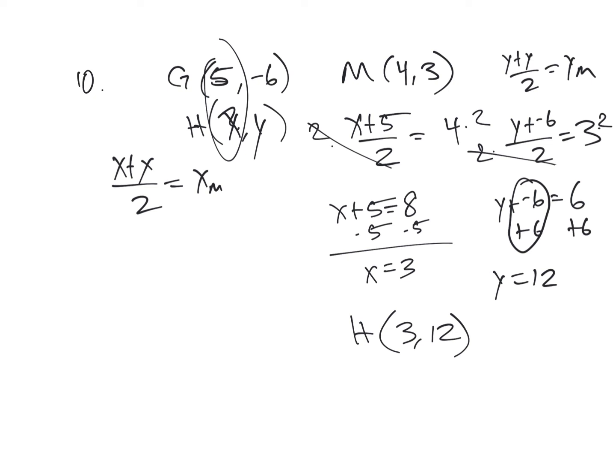Yes, so it's like a number and a variable equal to a number, but you have to divide by 2 for the midpoint. Just remember them if they give you the midpoint, which is on the quiz. If they give you the midpoint, that's what it's equal to. That's where those numbers go. Okay, so does the M stand for midpoint? Yeah.